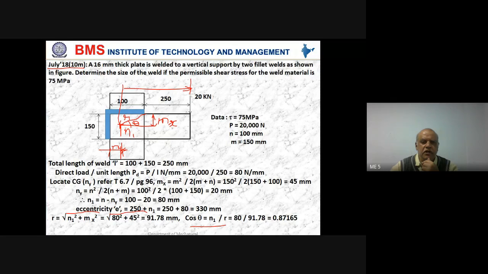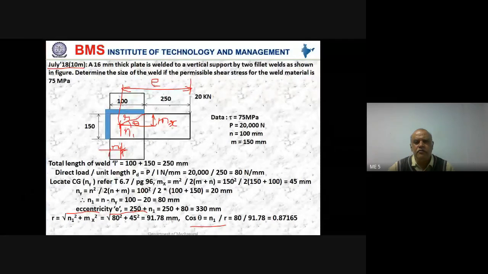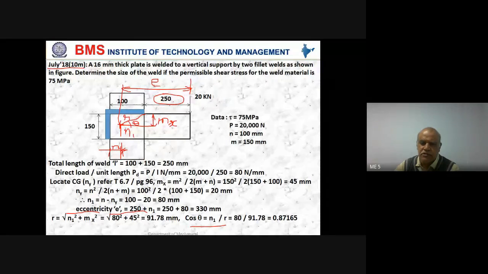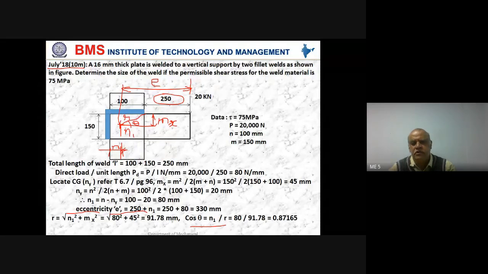Don't make a mistake in taking eccentricity. The moment you take 250 as eccentricity, you are off. You will be left with only 3 marks out of 10 marks. So please remember that, and be careful while choosing the data from the given problem.